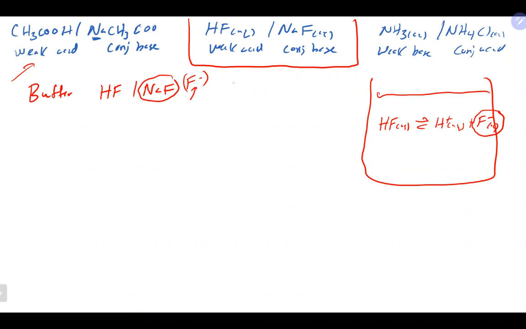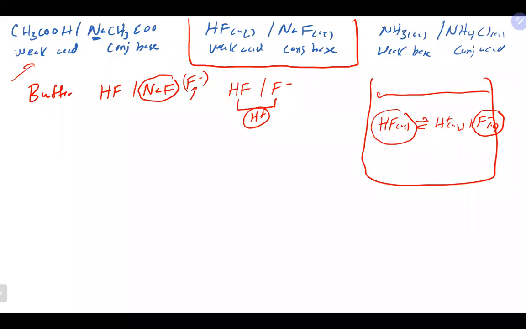So if you think about our Bronsted-Lowry definition, HF and F minus differ by one H plus. So that is definitely a buffer situation, a weak acid and conjugate base together. So by making this buffer, what we really have floating around in that solution is HF and F minus.